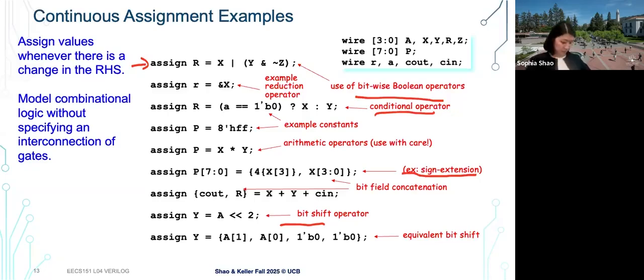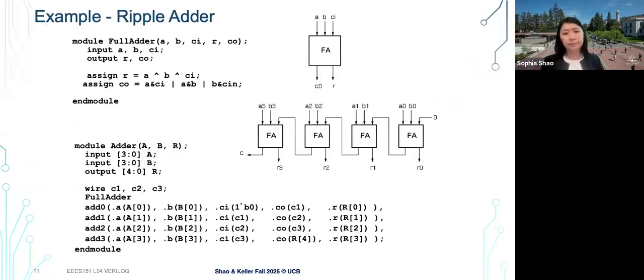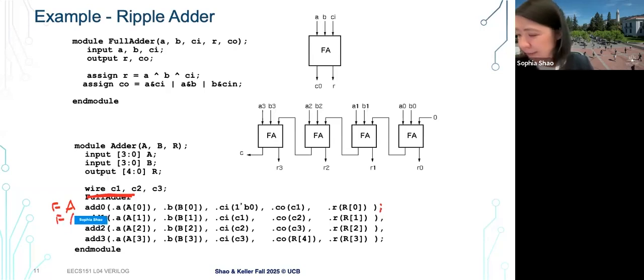Last slide, I didn't understand what was happening in the part that says full adder, and then it has a list of four parts like add 0, add 1, add 2, add 3, and then a semicolon only at the end. Yeah, so maybe another way you can write it is full adder A0, then another full adder A1, full adder A2, and full adder A3.